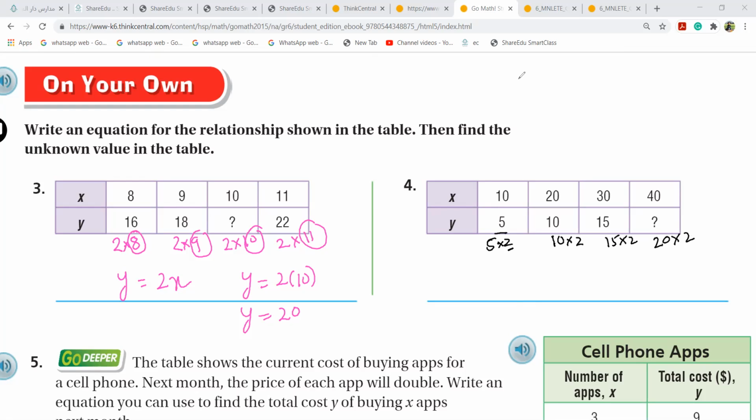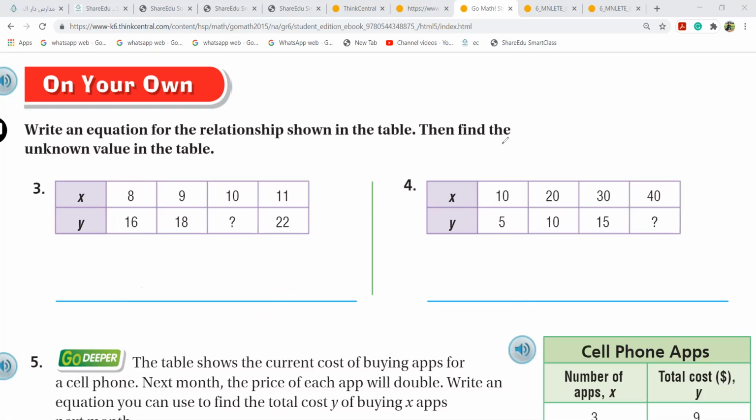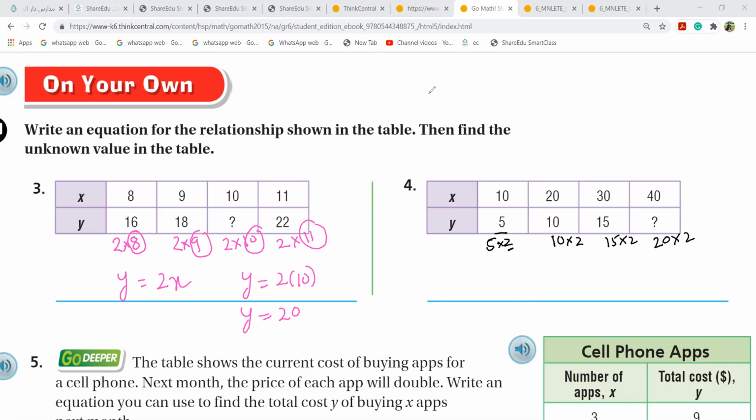One more thing, girls: I can make an equation easier. This is a tough part. Don't worry, it won't be given in the test, but because you are grade 7, I'll repeat again. 10 divided by 2 is 5, 20 divided by 2 is 10, 30 divided by 2 is 15, 40 divided by 2 is 20.